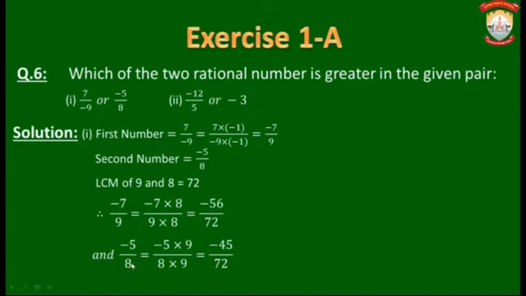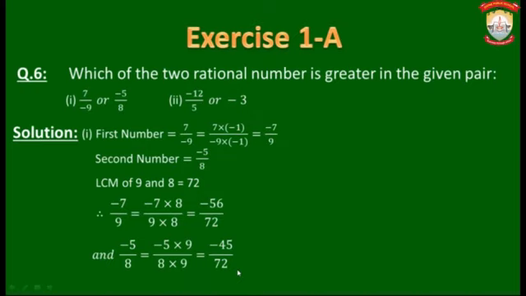So, here when 72 is divided by 9, we get 8. And when we multiply 8 with minus 7 and 9, we will get minus 56 upon 72. We will repeat the same method for the second rational number and we get minus 45 upon 72.